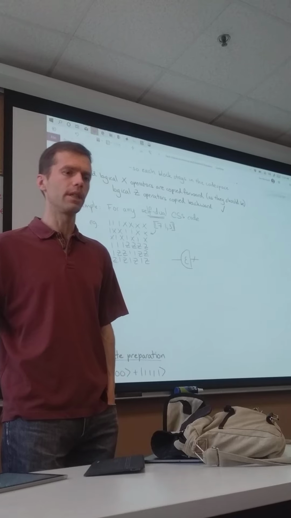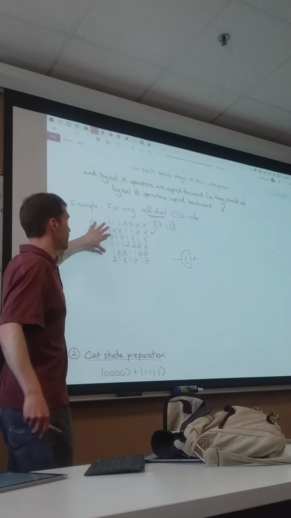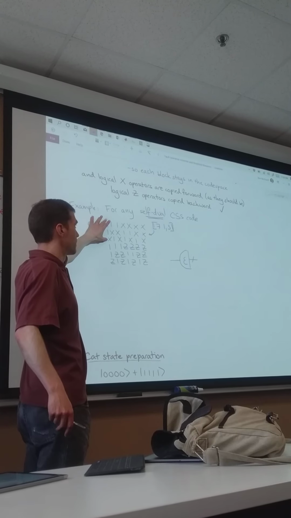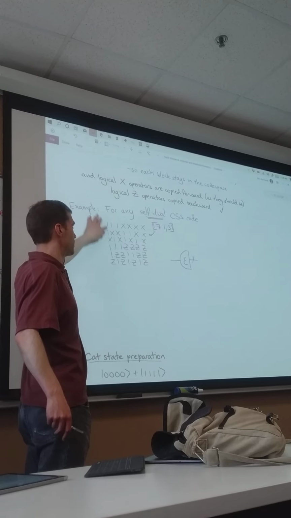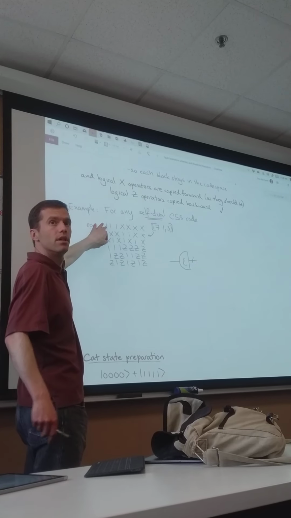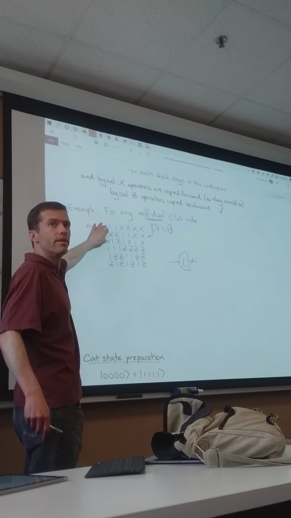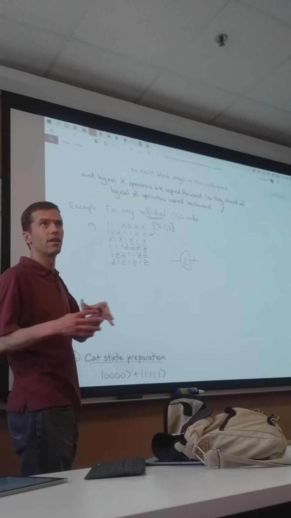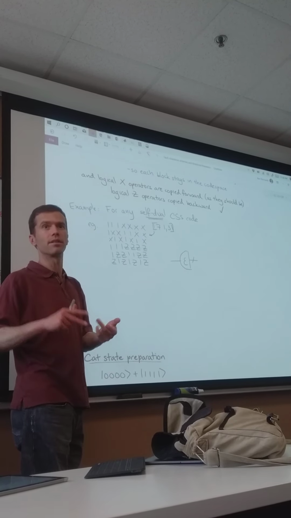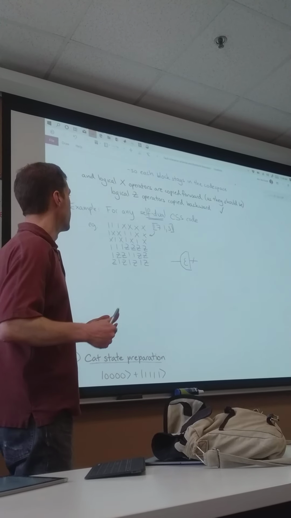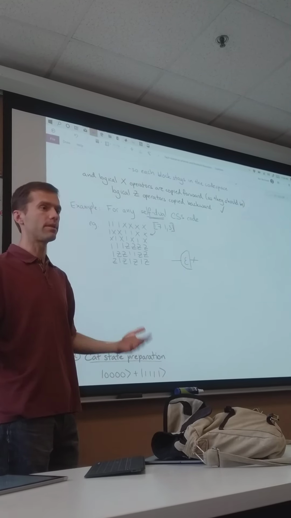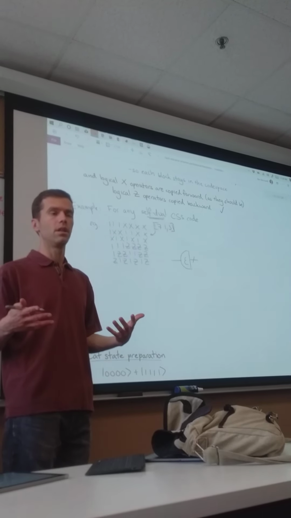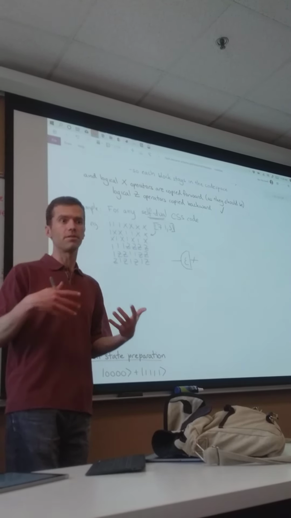It's easy if you have a CSS code. What you can do is compute the orthogonal complement. You can think of this as a binary subspace, and you can compute the orthogonal complement of that binary subspace. You can do the same thing with a non-CSS code. You just compute the binary complement using the symplectic inner product instead of the standard inner product. That gives you the set of all logical operators for the code, in matrix form.